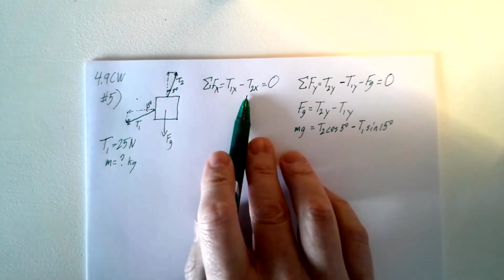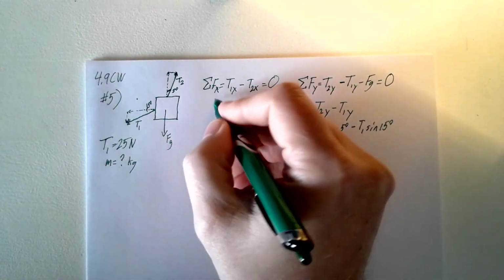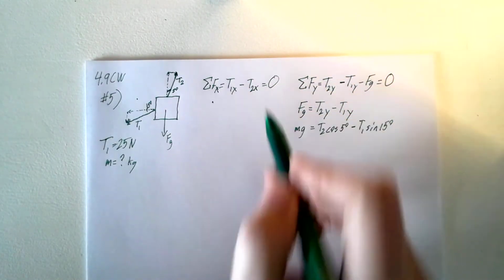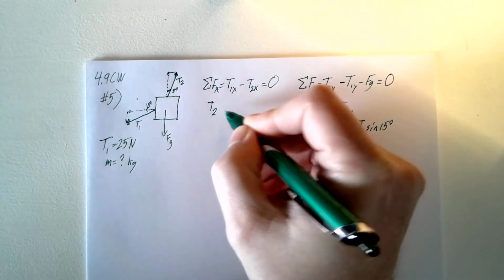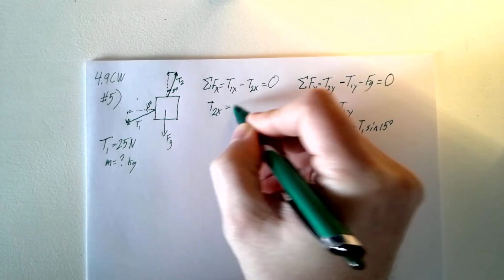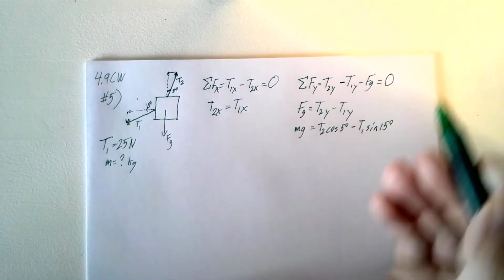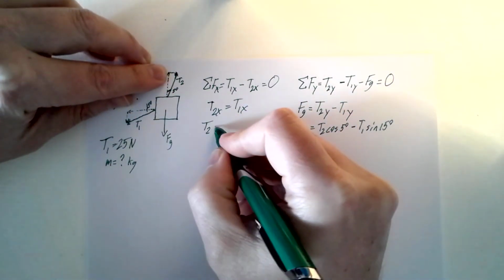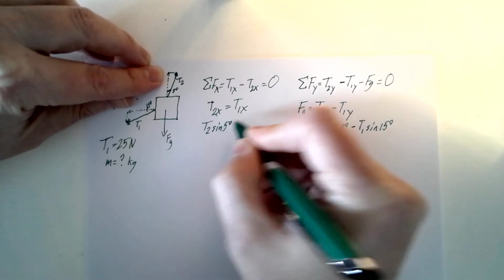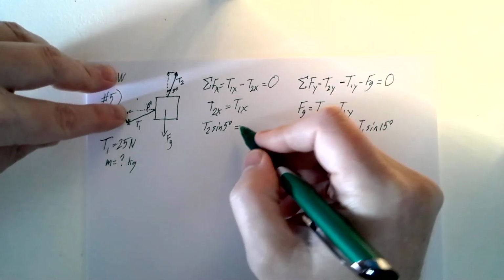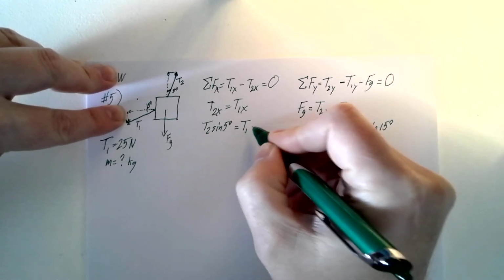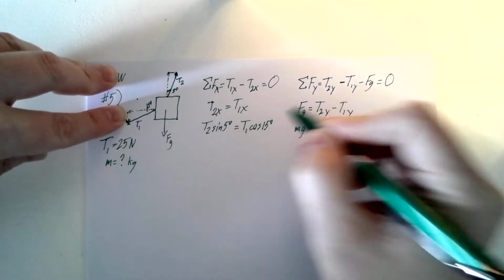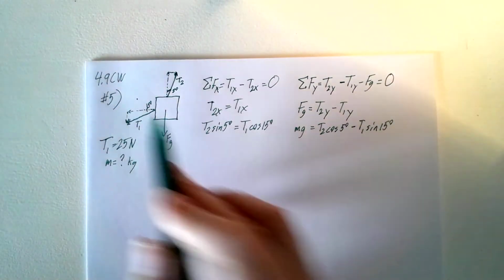Alright, so we jump here, and since we need a definition for T2, let's solve right here. So T2x equals T1x. T2x is sine 5 degrees, and that equals T1x, which is cosine 15 degrees.